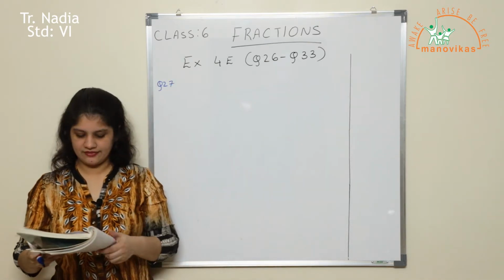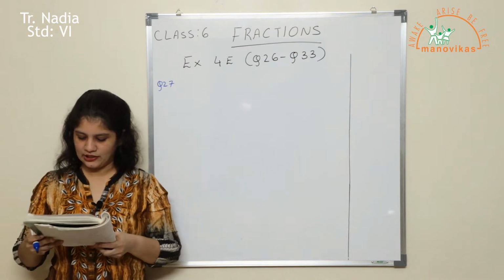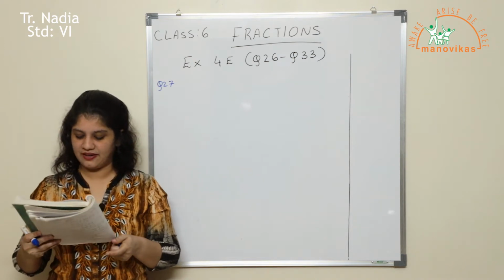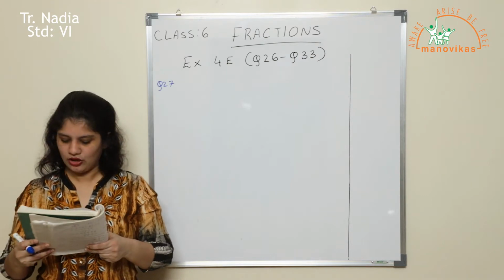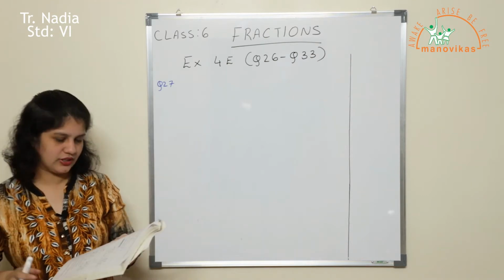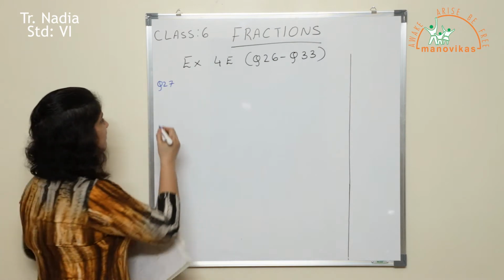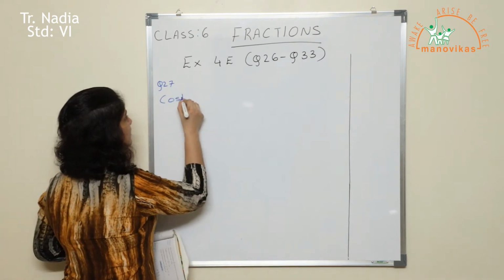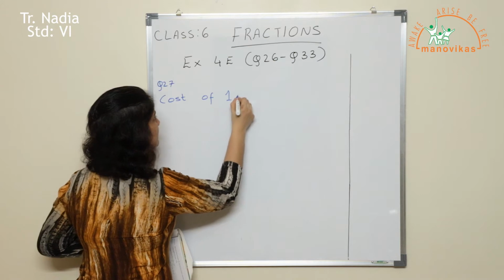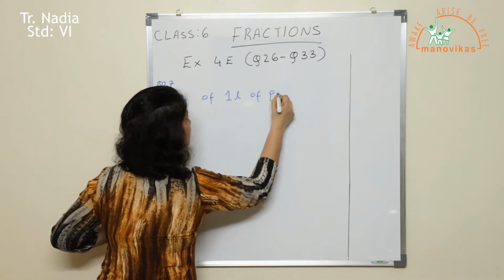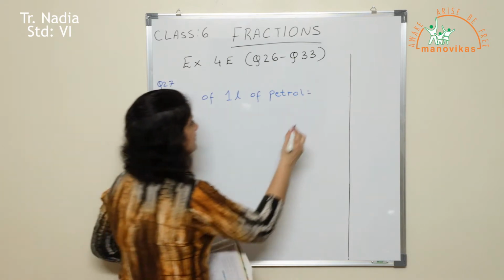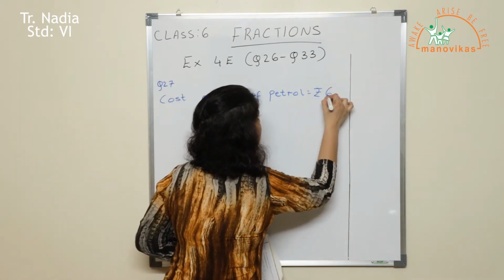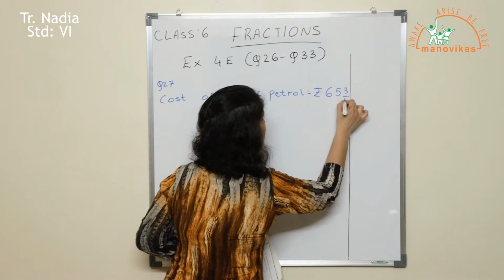Question number 27. The cost of 1 liter of petrol is rupees 65 3 upon 4. Find the cost of 36 liters of petrol. So this is similar to question number 26. You are given the cost of 1 liter of petrol as rupees 65 3 upon 4.